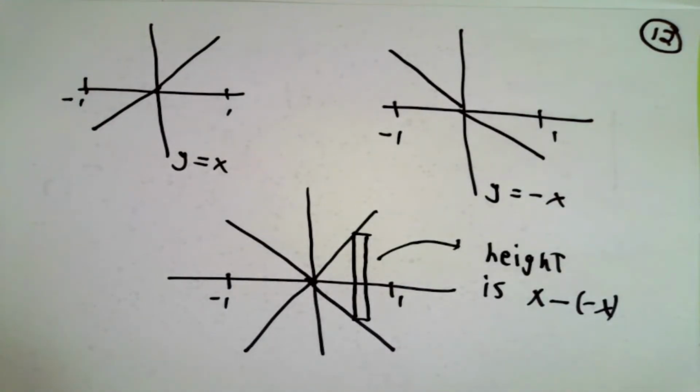This is not the case if x is negative, though. If x is negative, the upper one is y equals -x, and the lower one is y equals x.